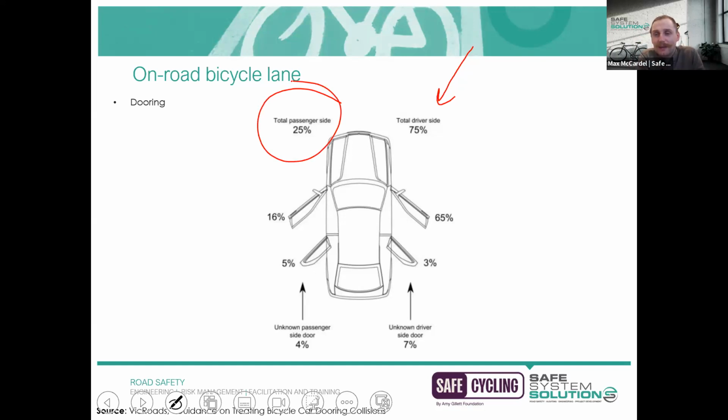And where this may be occurring is, if you can imagine a vehicle, maybe in the CBD, at a signalized intersection, and the passengers just decide, yep, this is my stop, this is where I want to get out, or I'm just dropping you off, and this is where you get out, and they just open up the door and don't think about any of their surroundings, and that's where a cyclist could be. So it is relatively high numbers, I guess, to have 1 in 4 involved in that side of the vehicle, but certainly the majority are on the driver's side.